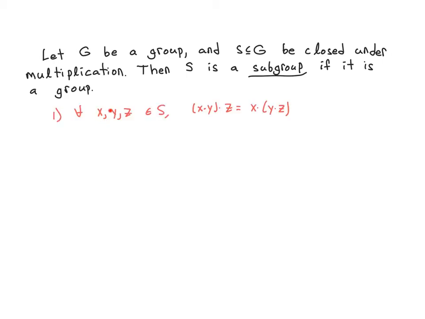So for any three elements in this subset, if you multiply those three elements together, you can move the parentheses over and you get the same result.